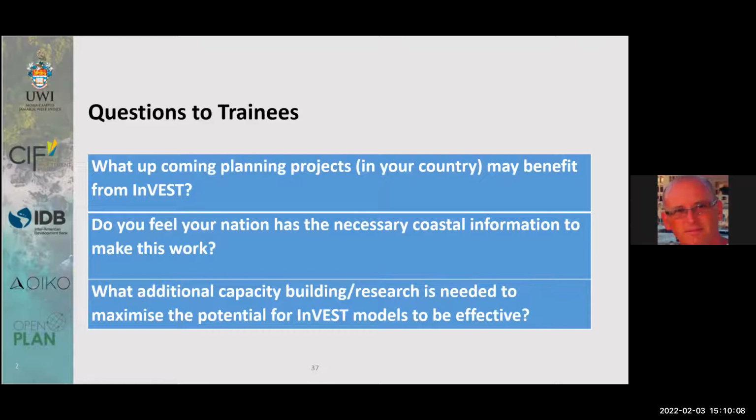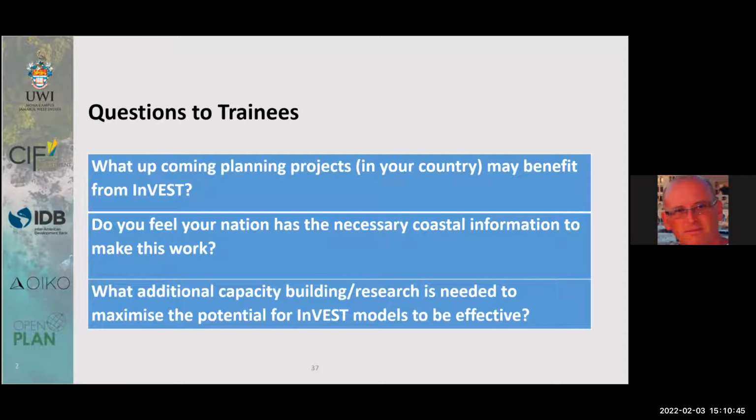Secondly, do you feel your nation has the necessary coastal information to make this actually work? And as I've said in the Belizean and Bahamas examples, there are situations where quite a bit of proxy data needed to be utilized, and that's not necessarily a fault of models such as INVEST. If you're clever enough in designing suitable indicators and the understanding of a proxy data set is made clear, then it's not a problem to have that as part of your data model.